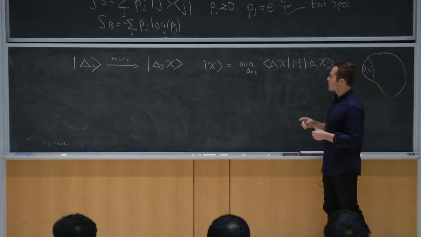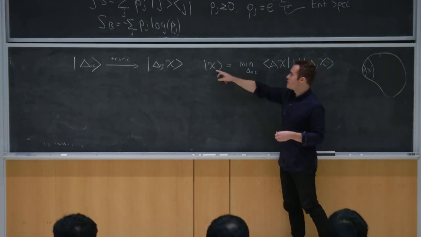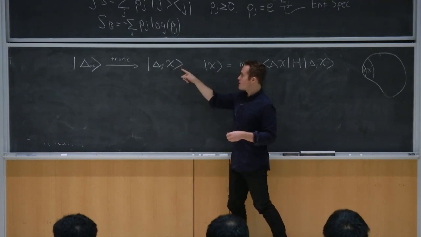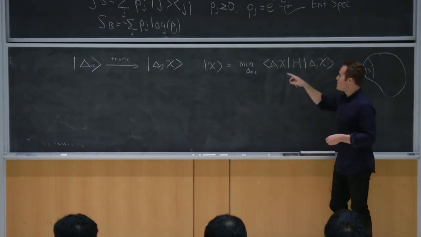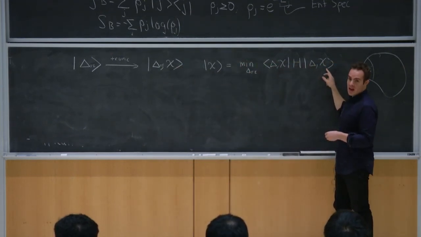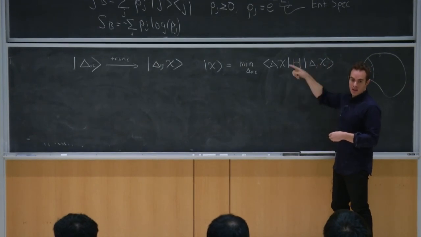So this is a kind of cool idea. They say the output of the DMRG comes from taking this process and then minimizing over all choices of gap for what the energy of the state is.